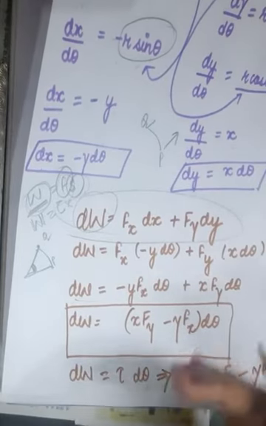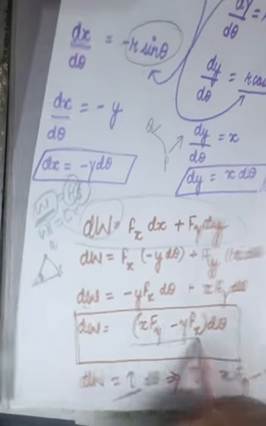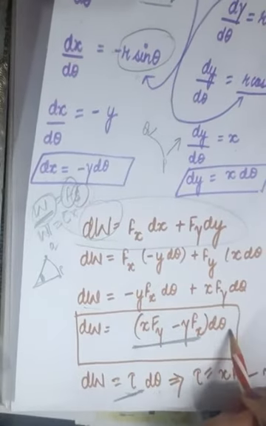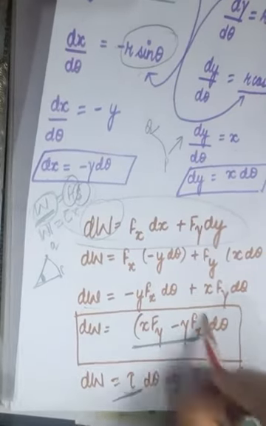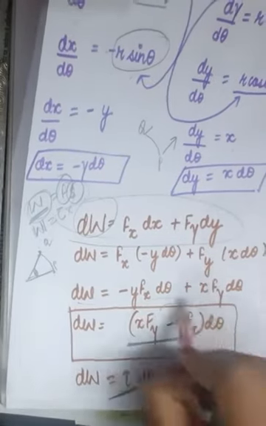So when you have a look at these two expressions, you will see that in place of torque, you are observing this. See, dW, dW, d theta, d theta. In place of torque, you are observing this. So this means this torque is definitely equal to this.